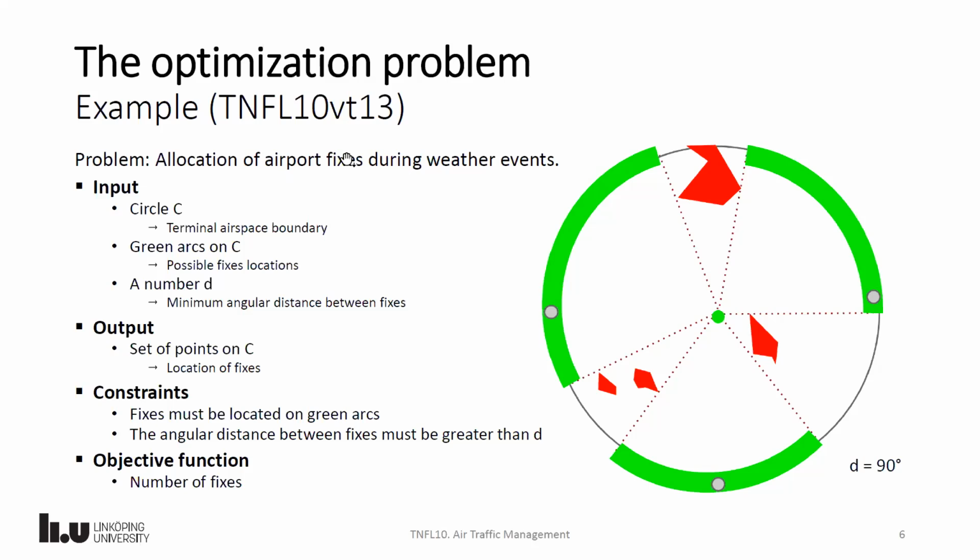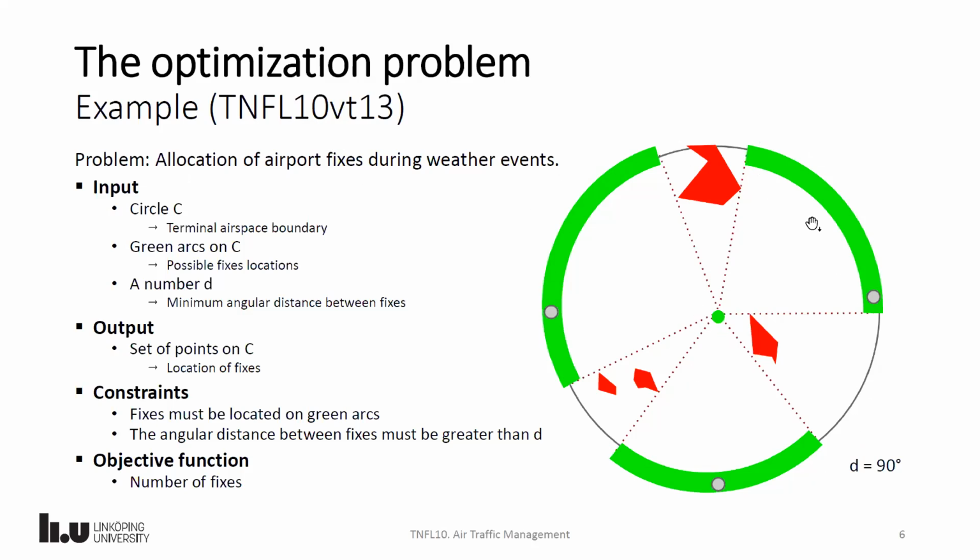So this is an example from an assignment that was done by students in this class some years ago. The problem that they studied is the allocation of airport fixes during weather events. Here we see the airport.